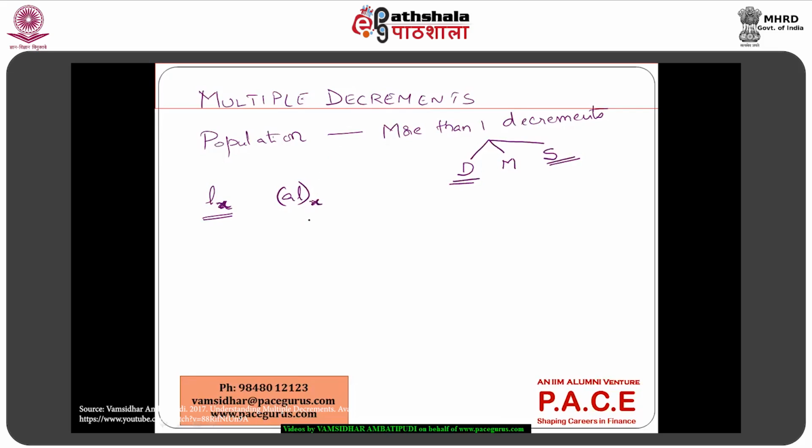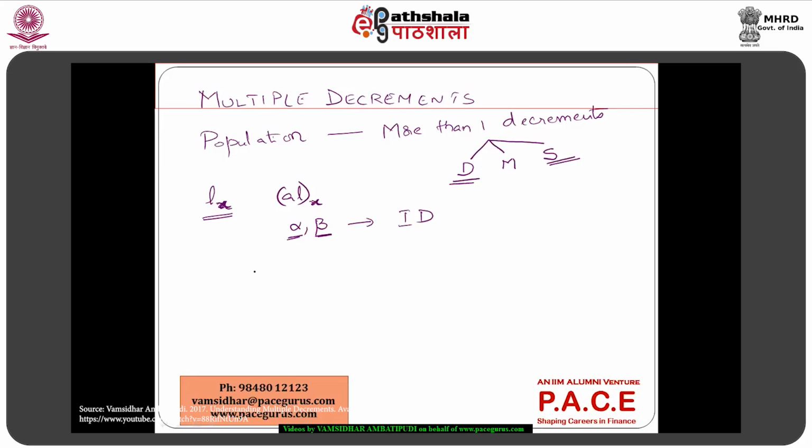ALX is the population, again, whose age is X, based on some kind of definition. Let's say I am talking about 2-3 decrements, alpha, beta. Alpha could be death, beta could be surrender. So these are different kinds of independent decrements to which the population is subjected.